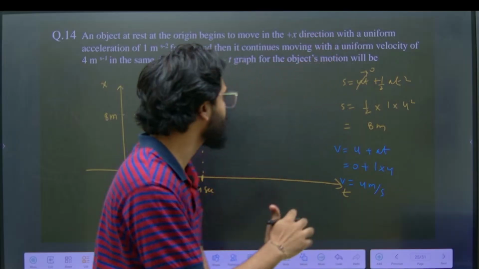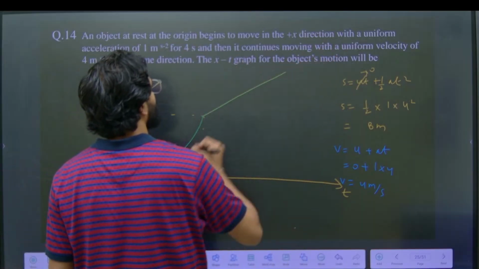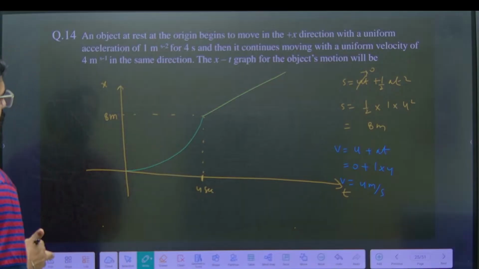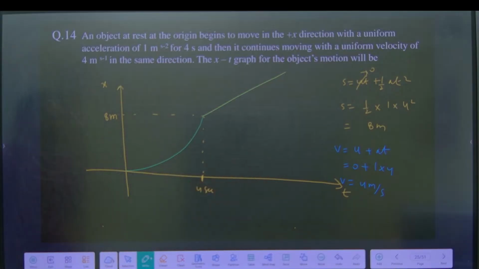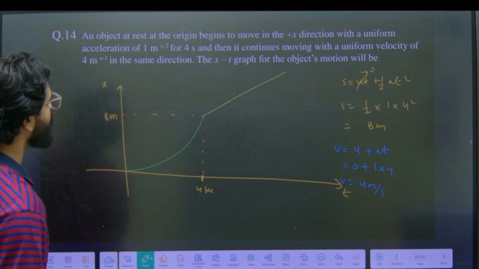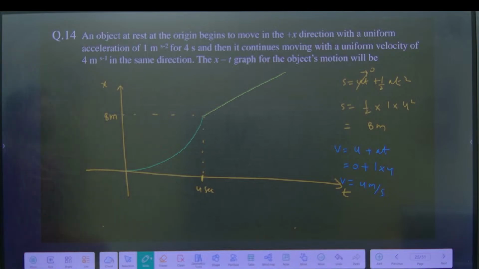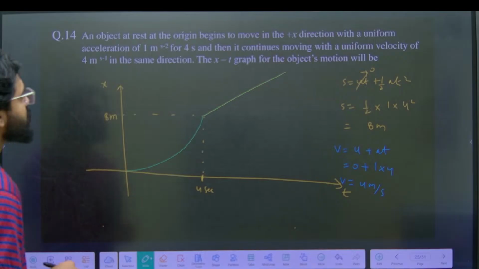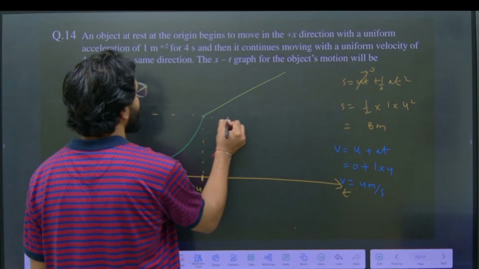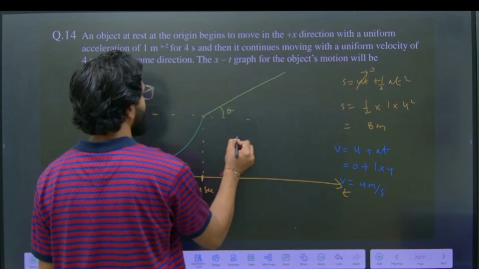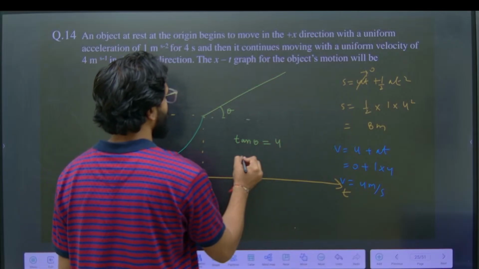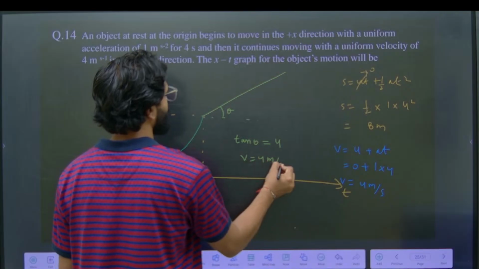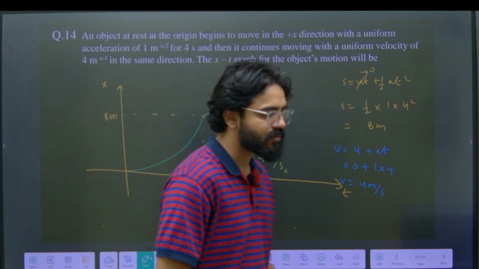So it will continue to move like this. Okay, so this is the graph. And the slope over here, if this is theta, then tan theta will be just 4, because it is just velocity. Correct?